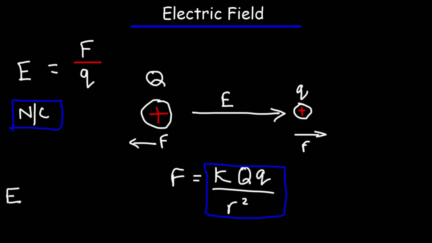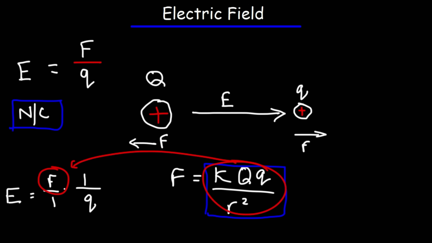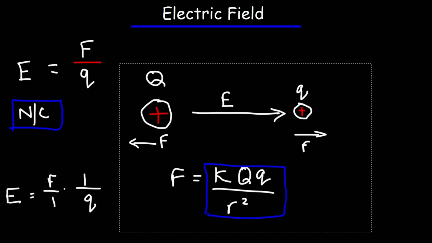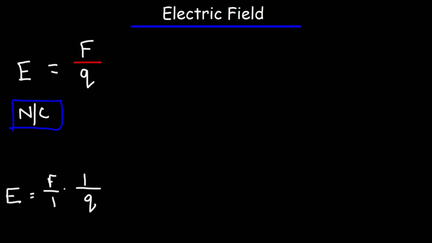But first, I'm going to rewrite this equation as F over 1 times 1 over Q. That's the same as F divided by Q. So now let's replace F with what we see here. It's no longer F, but it's going to be K, big Q times little q over r squared.